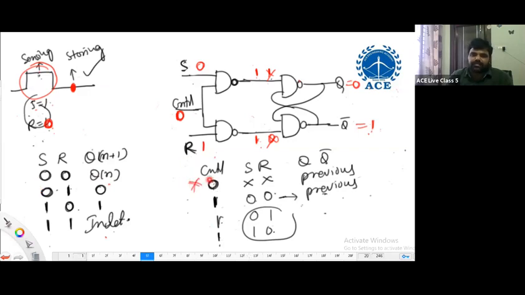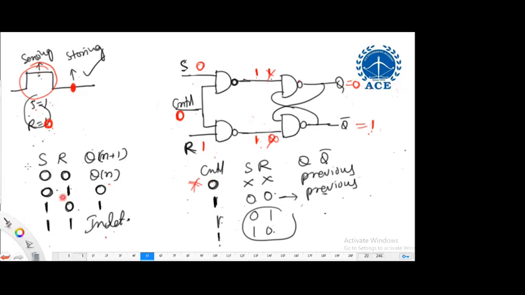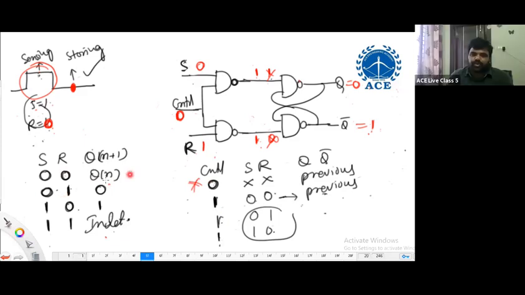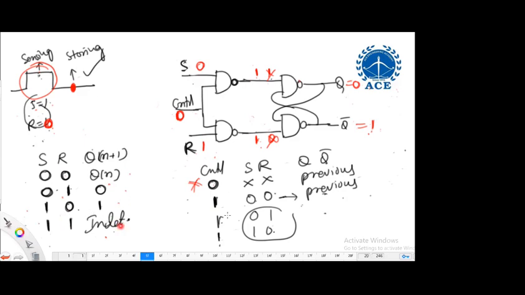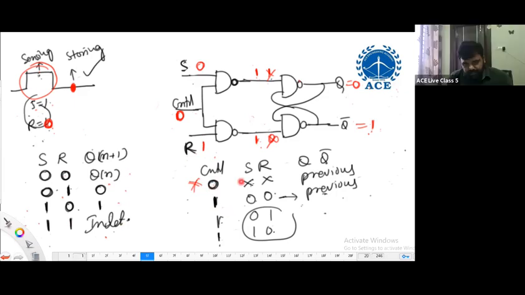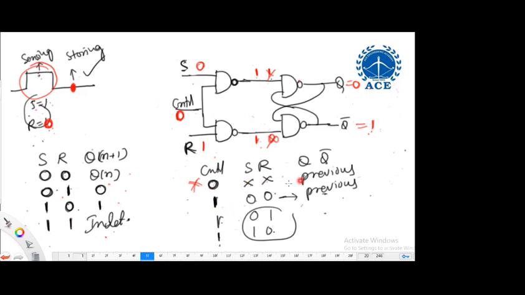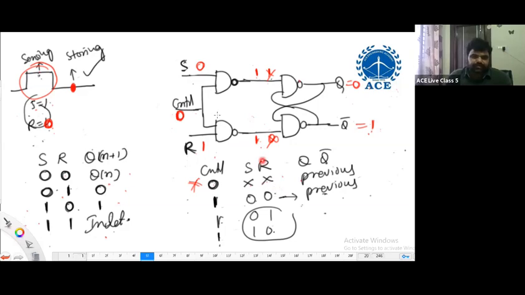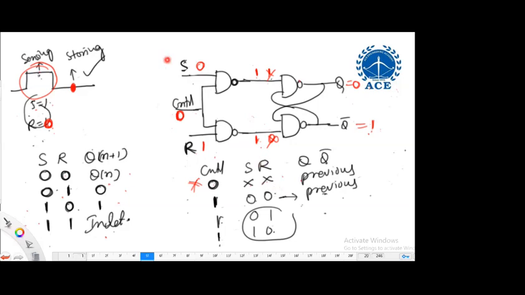I have written the remaining rows, excluding this one. When it is enabled, sensing what is stored. That I understand, sir. But I am asking about this condition, when control is 0, it will be Q of n, irrespective. Yes, that's correct.